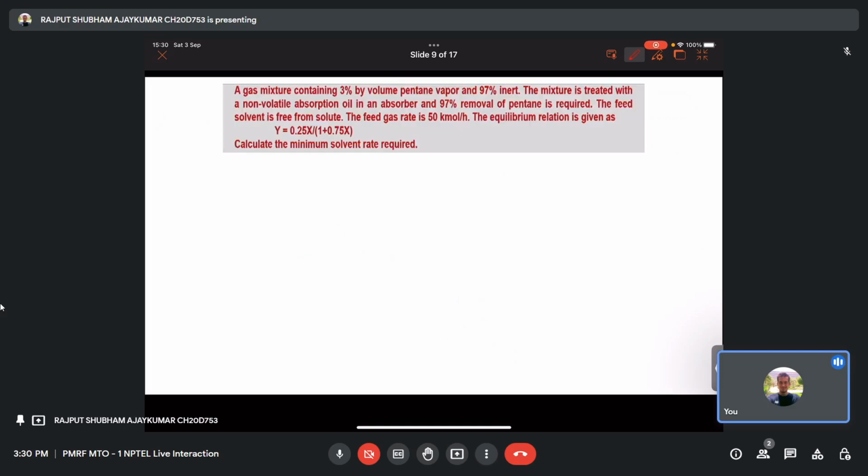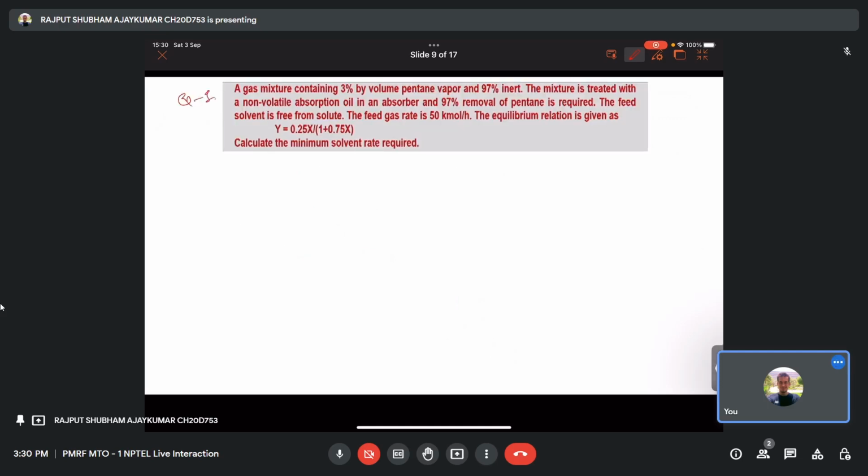Right now we will solve one question, which I have taken from the lecture notes. A gas mixture containing 3% by volume pentane vapor and the rest inert is treated with a non-volatile absorption oil in an absorber, and 97% removal of the pentane is required.